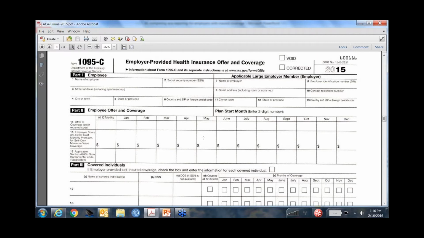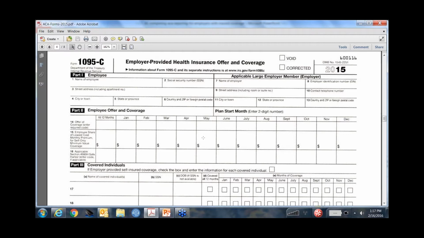So let's say you had somebody whose measurement period ended in June, and you would use July and August as your administrative period, so they would be eligible September 1st. And you determine that person worked 1,560 hours and they are full-time. So in that situation, that person only becomes full-time in September when you offer them coverage.